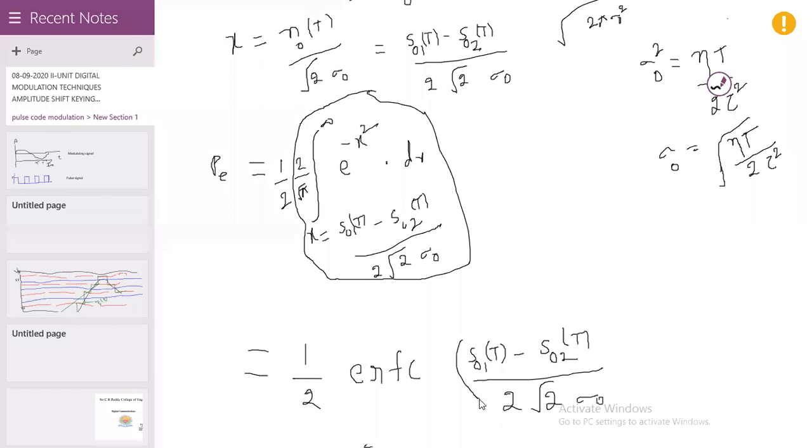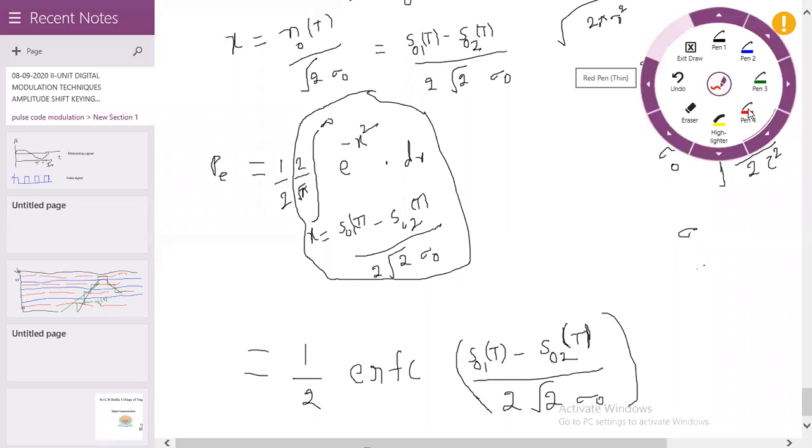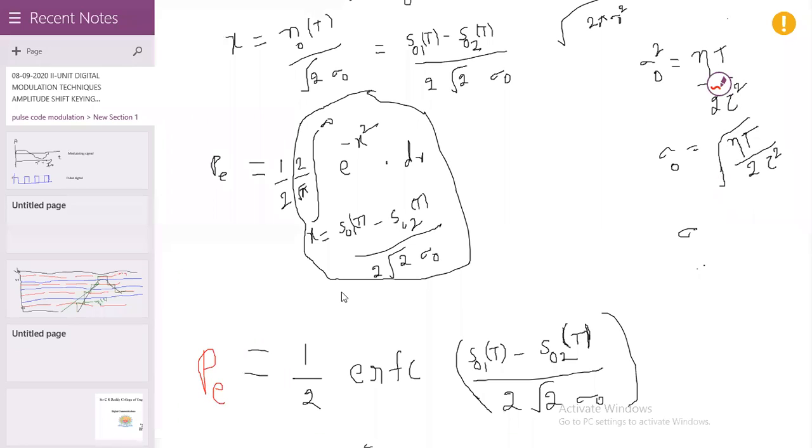So this is the expression for the probability of error of the optimum filter. This is the PE of the optimum filter. This is very, very important.